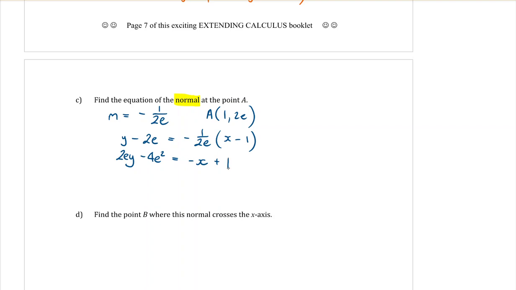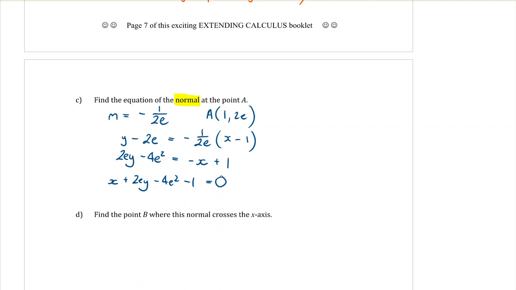And last step, because of the process that I've chosen here, I'm putting this into general form. So I want my x term positive. I'm going to move everything across to this side, making that term positive. So positive x, then the y term, which was 2ey, and then I have two constants. I have the minus 4e squared and I'm going to move the 1 over as well, which is the other constant. So minus 1 equals 0. So there is the equation of my normal in general form.